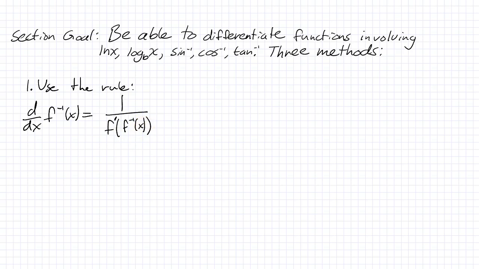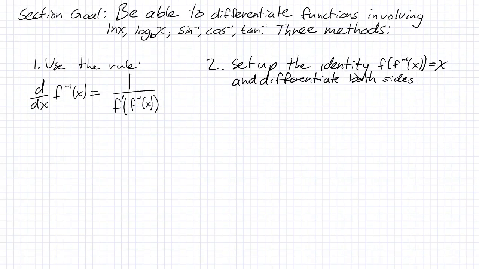And again, it's not always very simple, because sometimes the f prime of f inverse is really complicated, like it was with those trigonometric ones. The second way is what I was doing for most of these examples, which is setting up this identity equation.